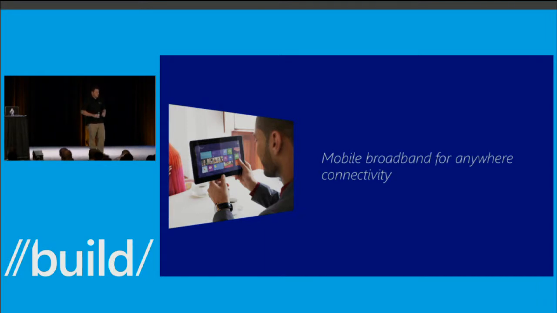What's cool about that is it gives you better battery life, and it's also going to reduce the form factors. So you're going to start seeing smaller and thinner tablets as a result of this. Now, I can't guarantee the size of any tablet because we don't make them, but you'll see things like that coming forward when you have mobile broadband connected devices.